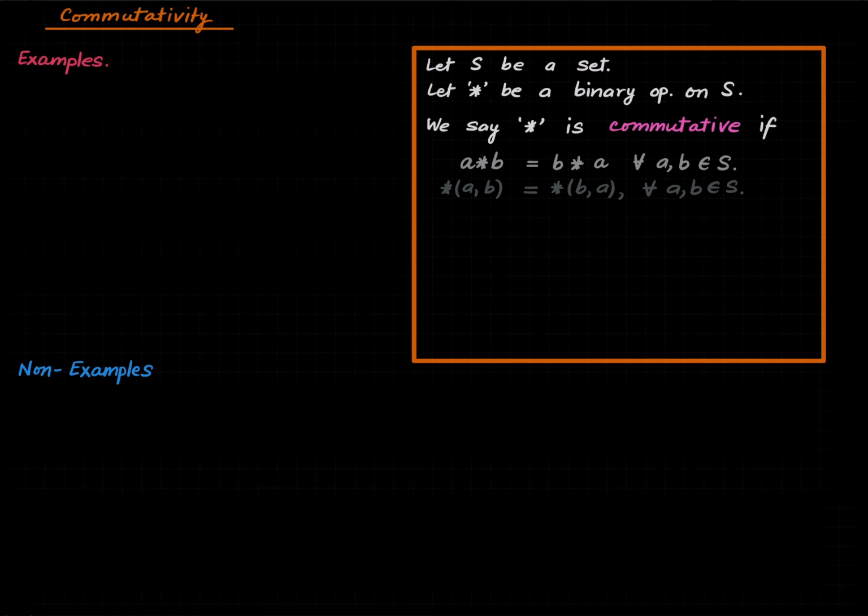So this is called commutativity. The order in which the entries are present is irrelevant. That is what it says.